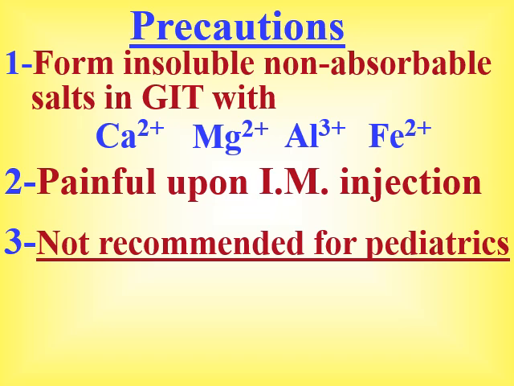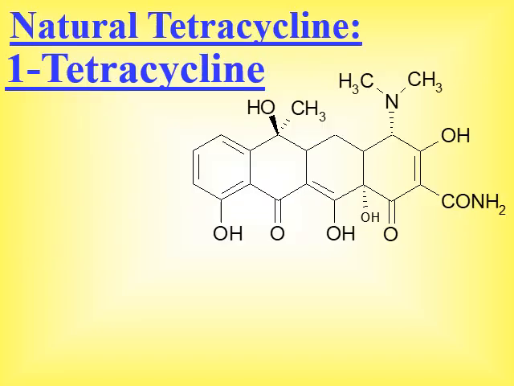So we solve this problem by not giving tetracycline to children between 6 to 12 years, to pregnant women and to lactating mothers. These are the 3 precautions to take care while taking tetracycline.